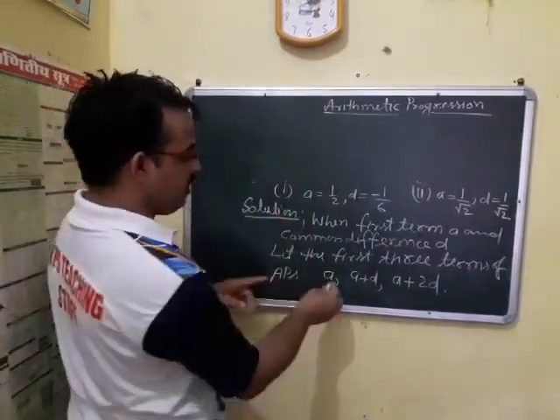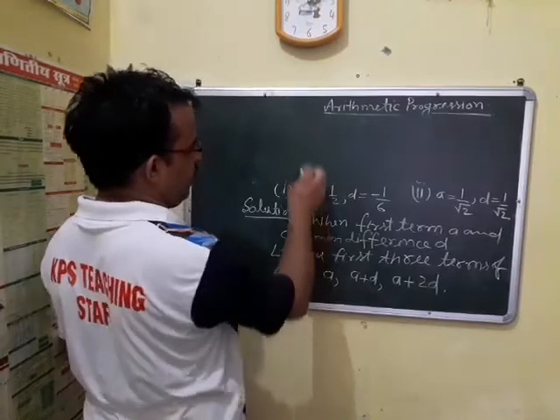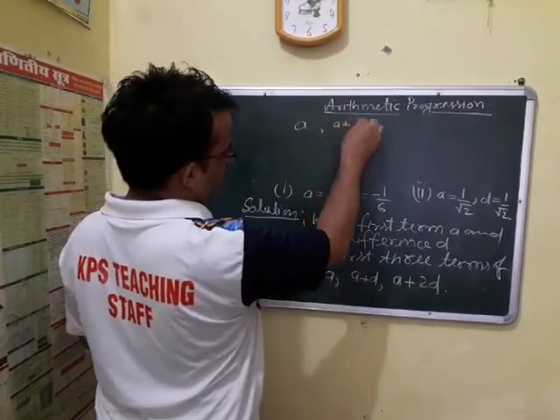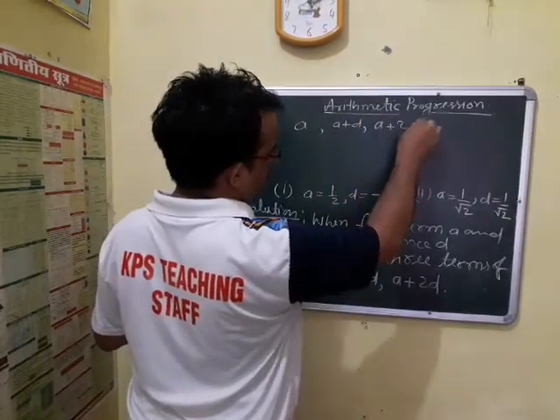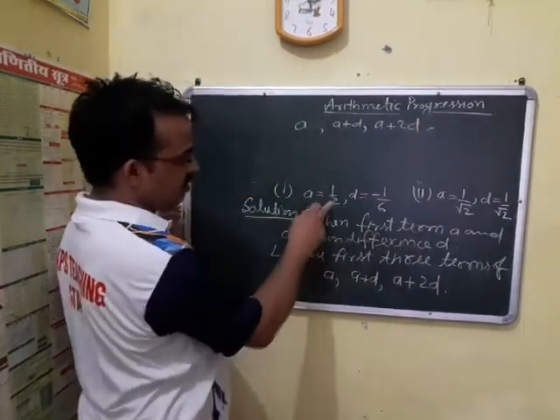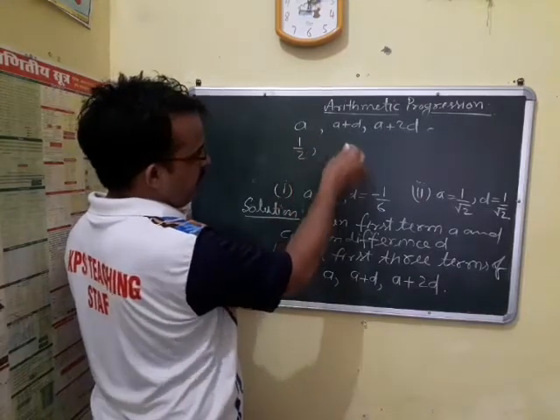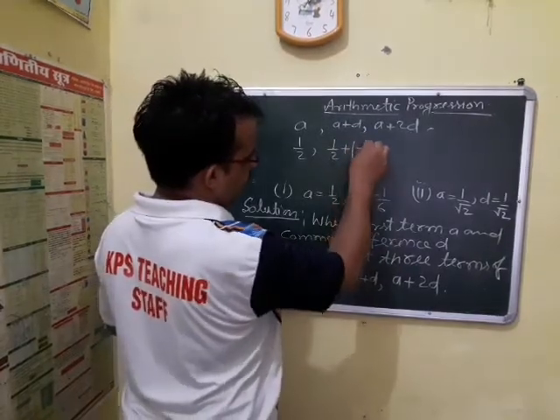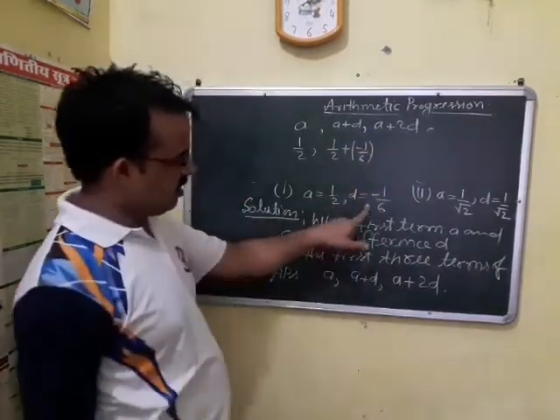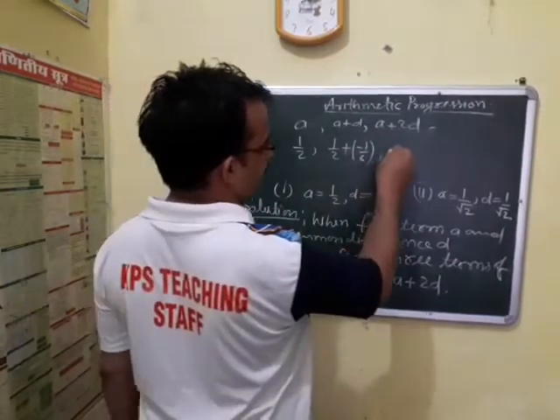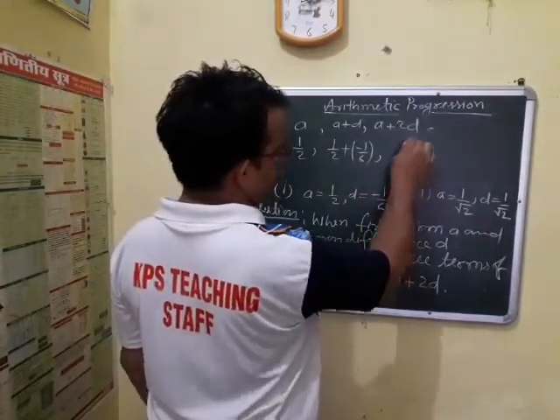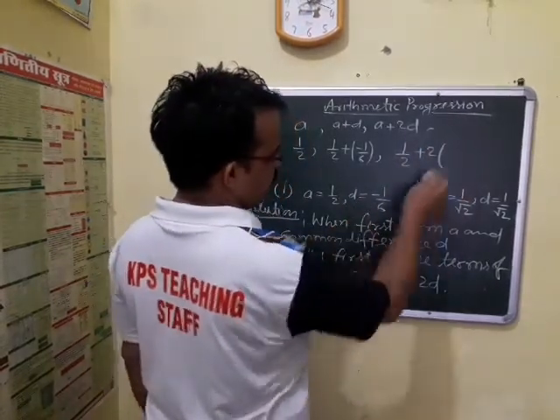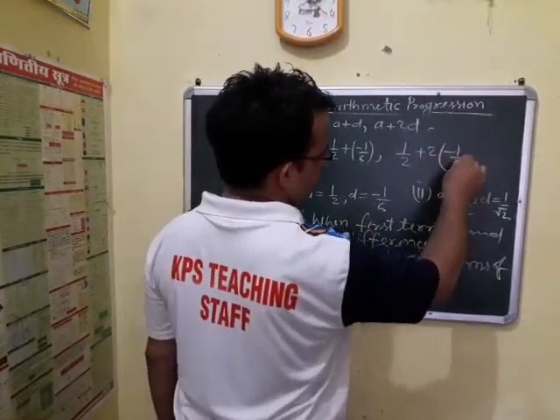Now here see that A is given as 1 by 2: A, A plus D, A plus 2D. So A is given here 1 by 2. A is 1 by 2 plus minus 1 by 6. Clear? And A is 1 by 2 plus 2 and D's value, the common difference, is 1 by 6.